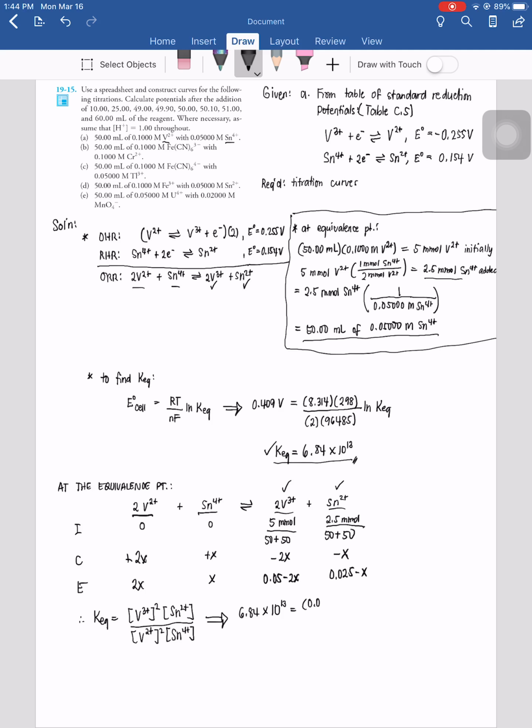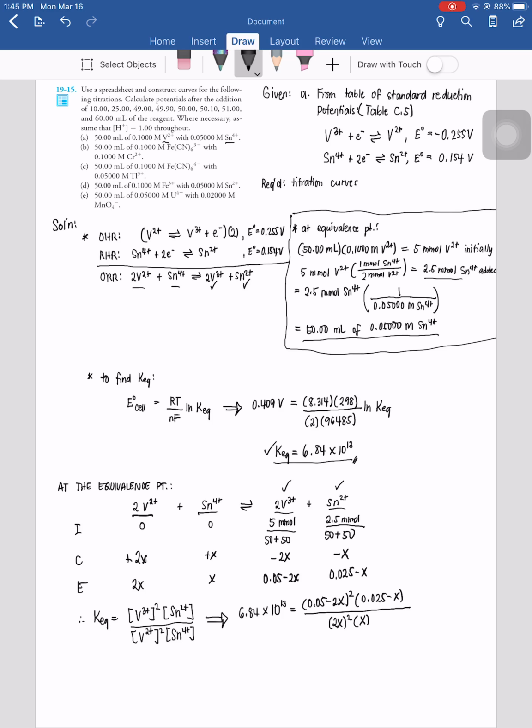That's 0.05 minus 2x squared times the molar concentration of tin-2. That's 0.025 minus x divided by the concentration of vanadium-2, 2x quantity squared, times the concentration of tin-4 as well.